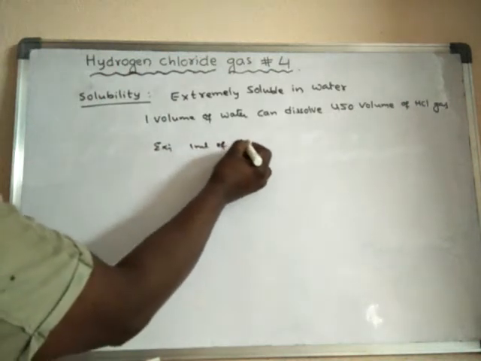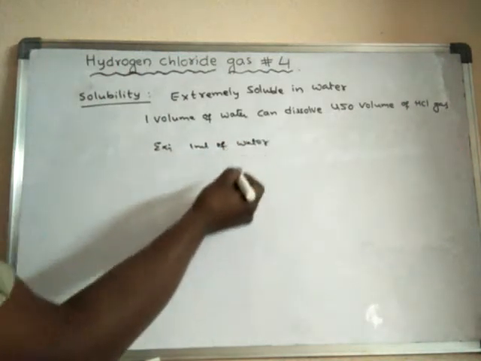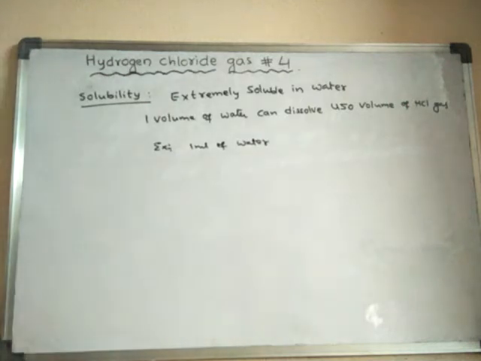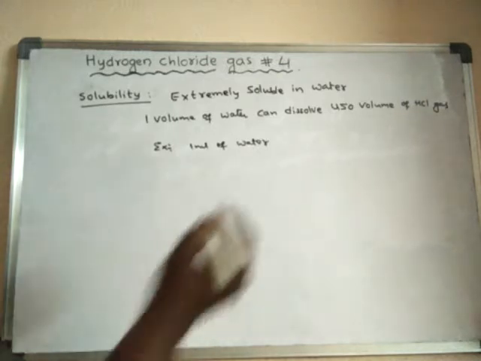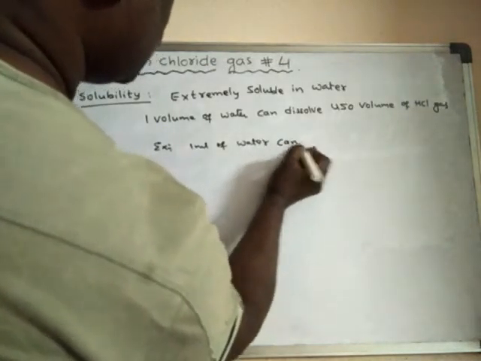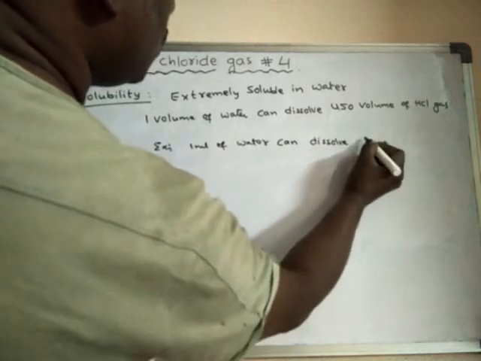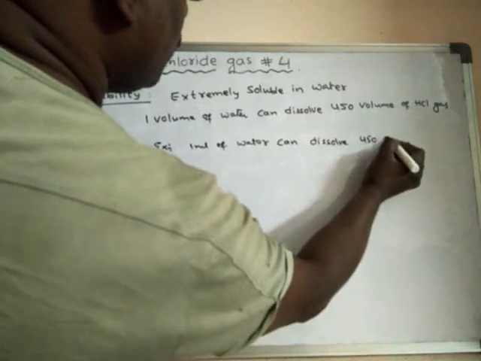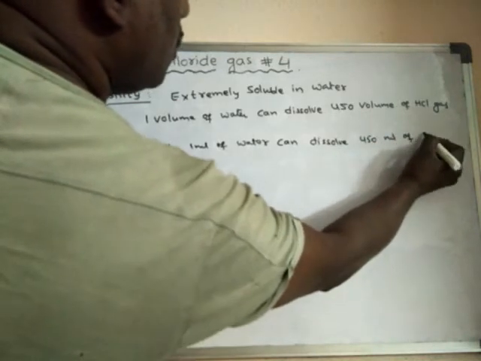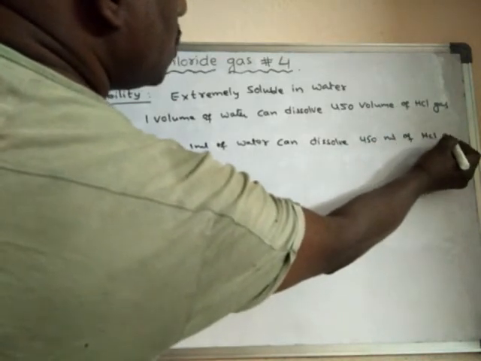For example, 1 milliliter of water can dissolve 450 milliliters of HCl gas.